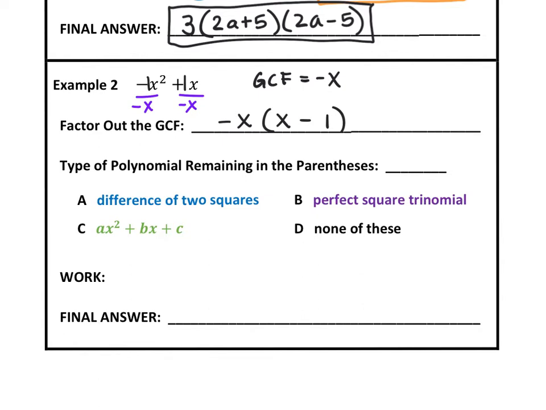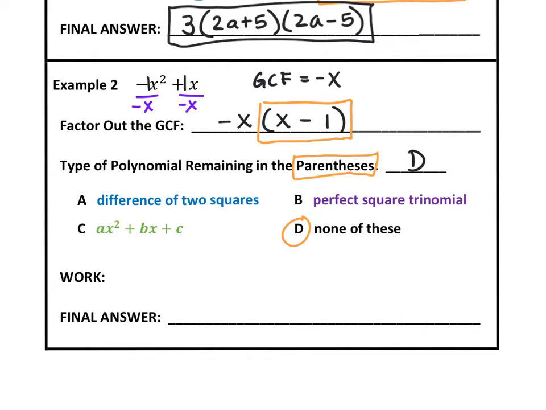Okay. Now, with what's left in parentheses, can I apply one of these types? Well, it's not a difference of 2 squares because I can't square root x. It's not a perfect square trinomial because it needs to have 3 terms and it only has 2. It's not a table method, so it looks like it's none of these.